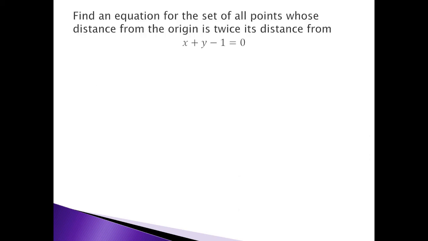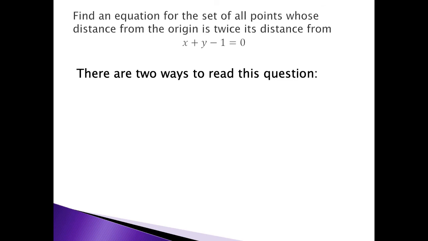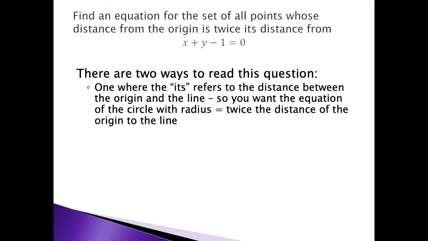For the last question, find an equation for the set of all points whose distance from its origin is twice its distance from x plus y minus 1. There are two ways to read this question. One is where the its refers to the distance from the line to the origin. And so what we're talking about is you want a circle where the radius is twice the distance from (0, 0) to that line.